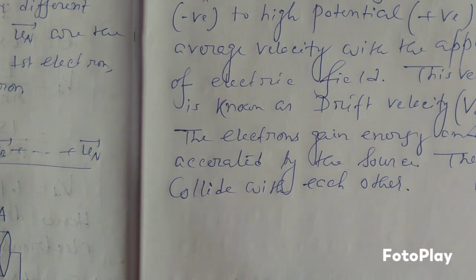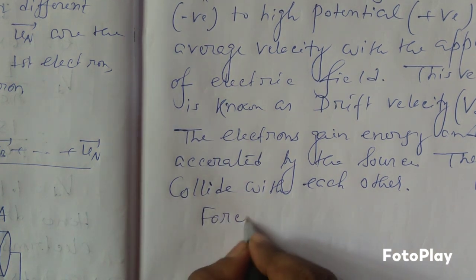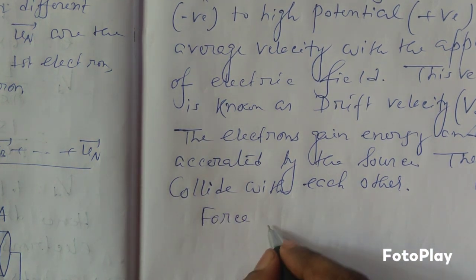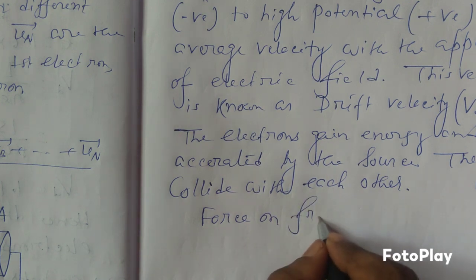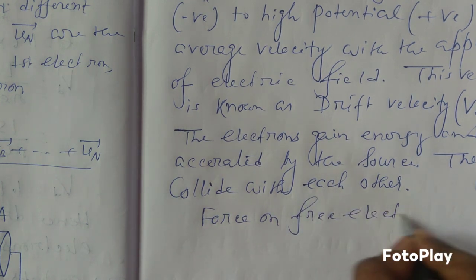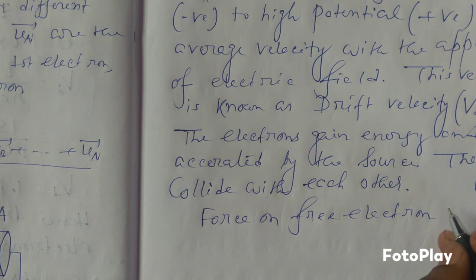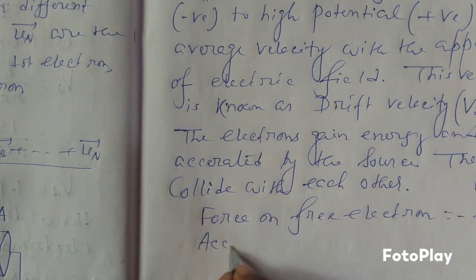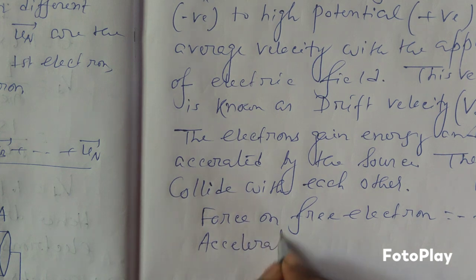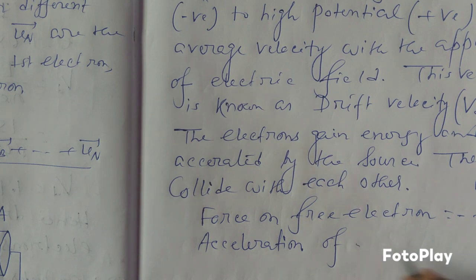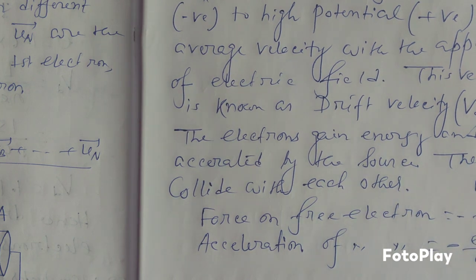So the force on a free electron, that is the acceleration of the free electron, is minus eE by m.